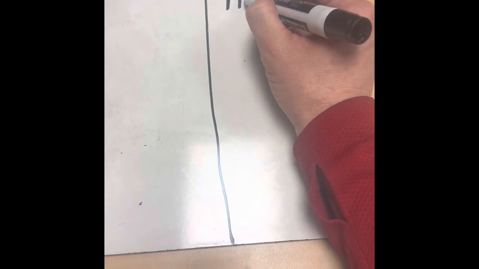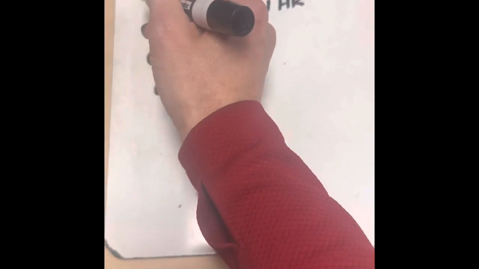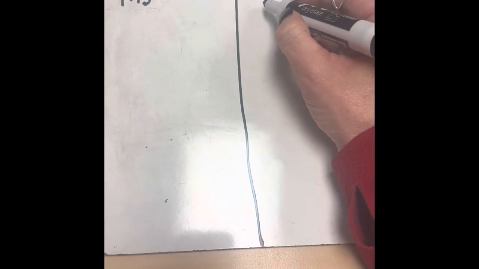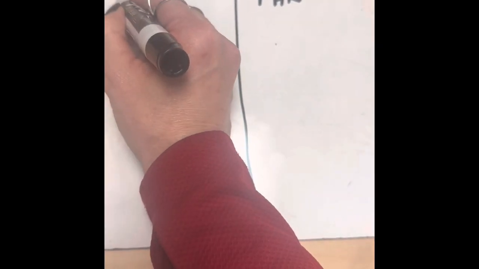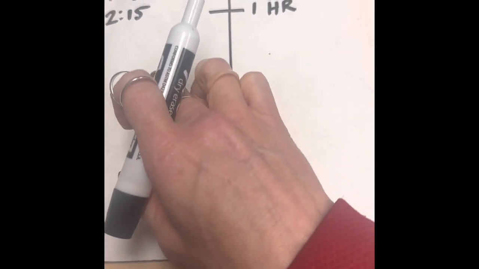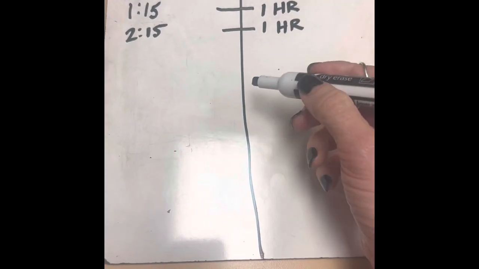So we add 1 hour over here. If I add 1 hour, my new time becomes 1:15. I'm not there yet, so I have to add another hour. 2:15. Still not there yet. A strategy I also teach is make sure you put a line across, because sometimes one will get away from the other.